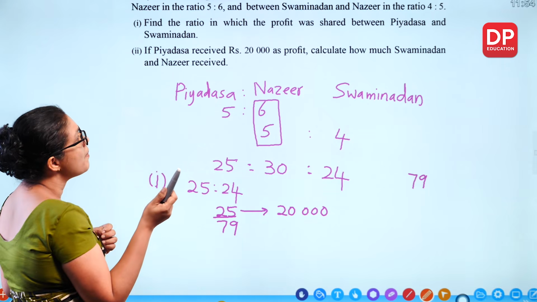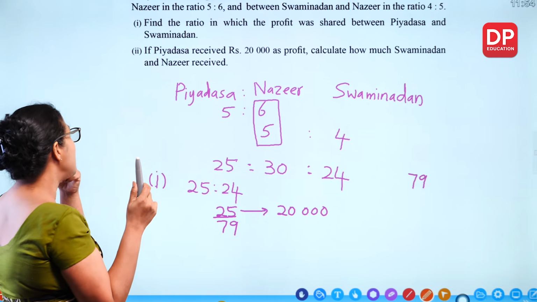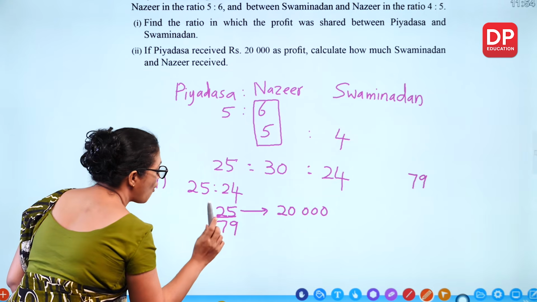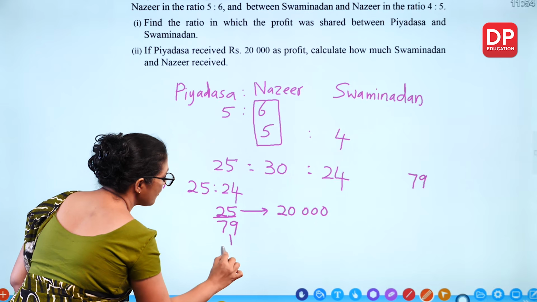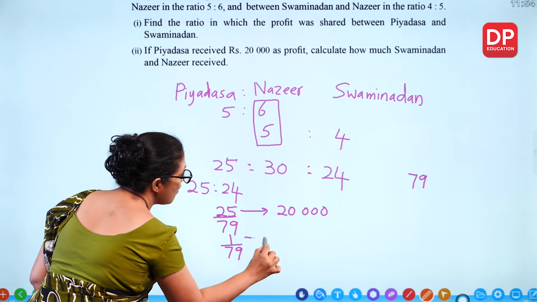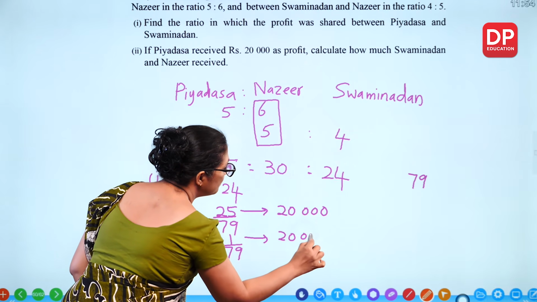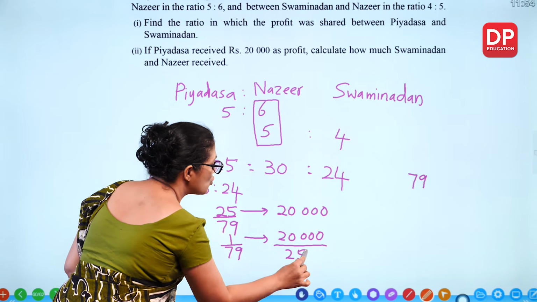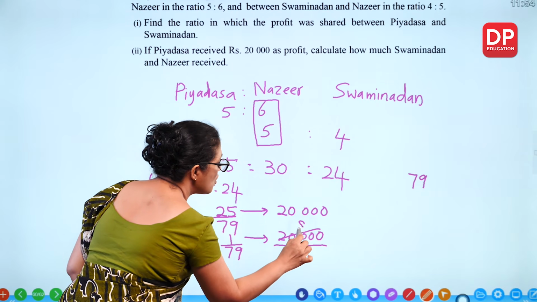Now they ask separately how much Swaminathan and Nazir received. So you have to first find for one part. That means divide this by 25. So 25 times 8, 200.